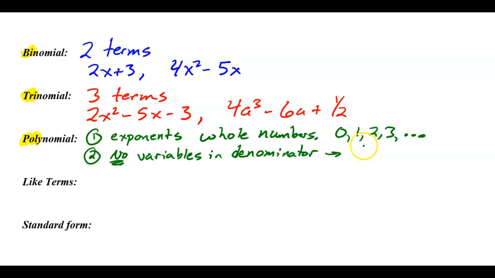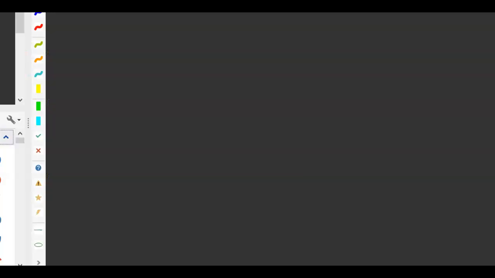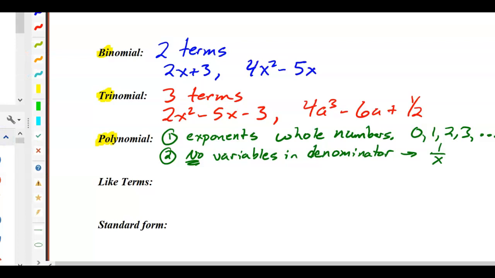So for example, 1 over x would be a no. So that is not okay.